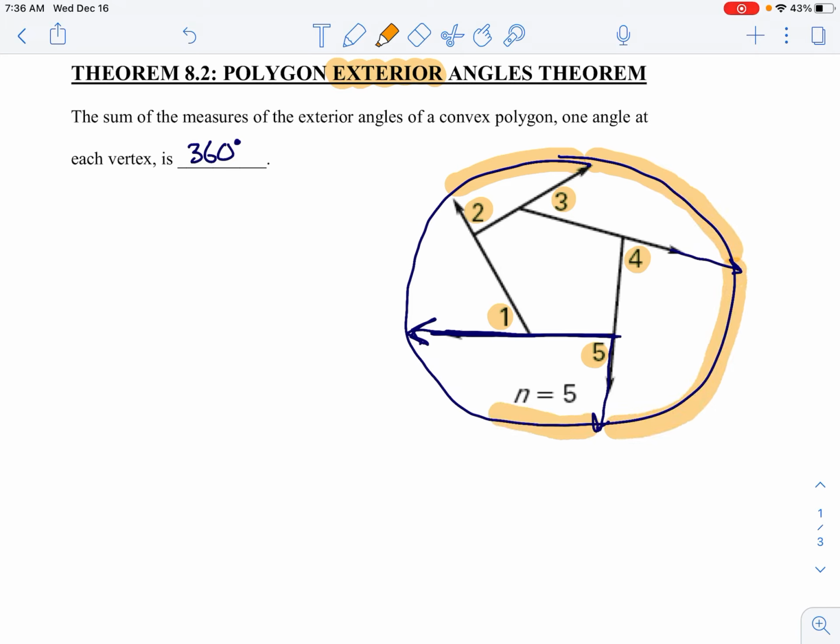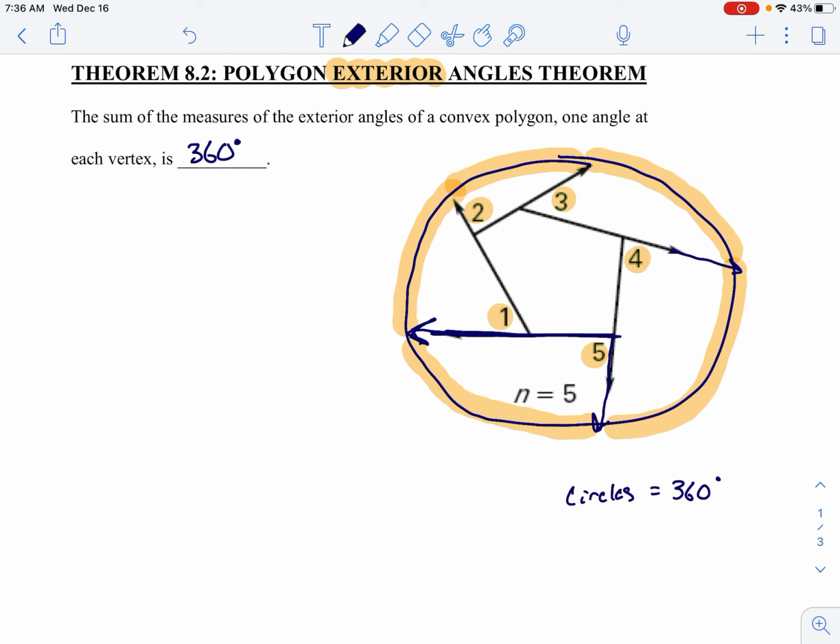So every time we have these exterior angles and I put them together, I get a circle. And we know that circles have 360 degrees. That's what we think of when we think of rotation. So that's why, no matter how many there are, in every situation, all the exterior angles will add up to get 360 degrees.